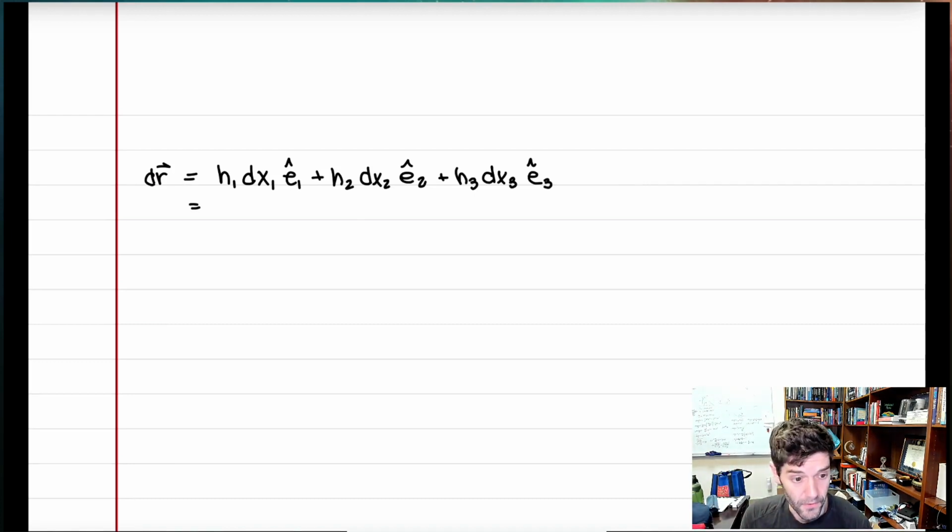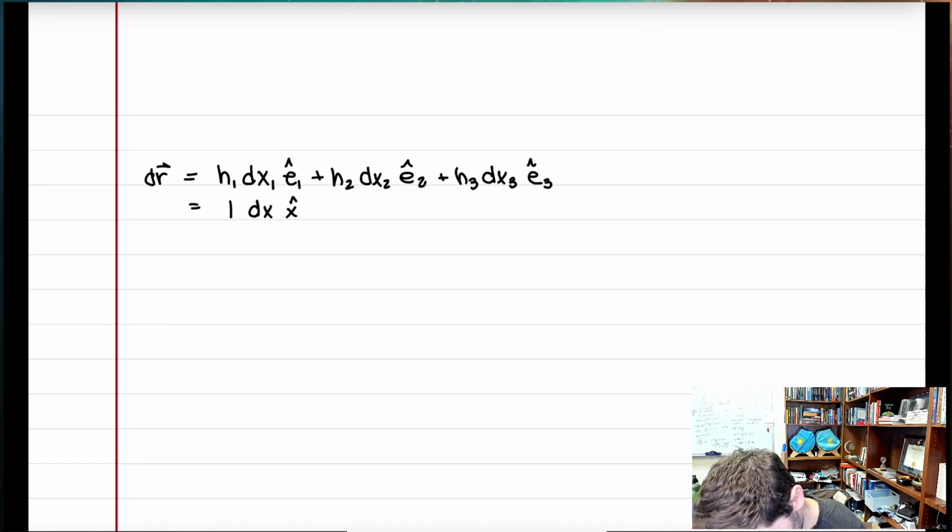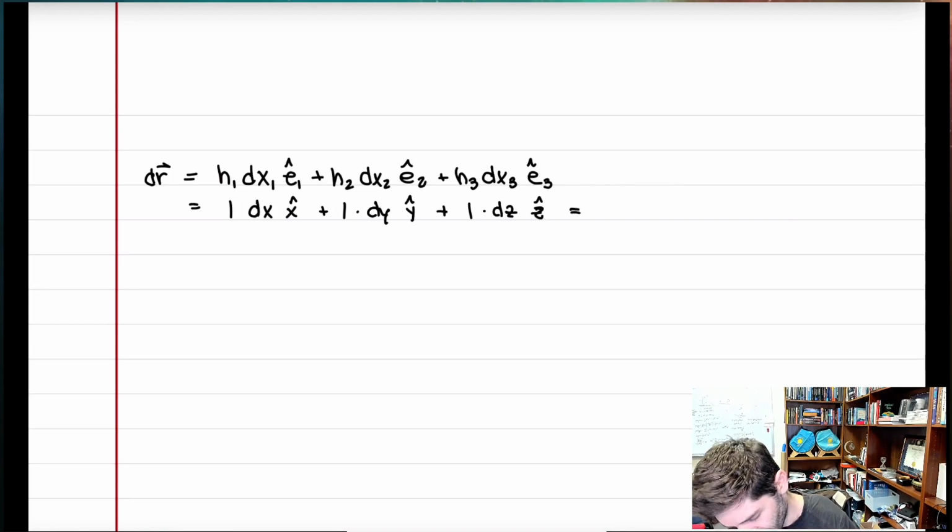Everything is an x, but I'm using subscript notation. So for Cartesian, it was 1 dx in the x direction plus 1 dy in the y direction plus 1 dz in the z direction, so that the vector at the end of the day was dx comma dy comma dz.